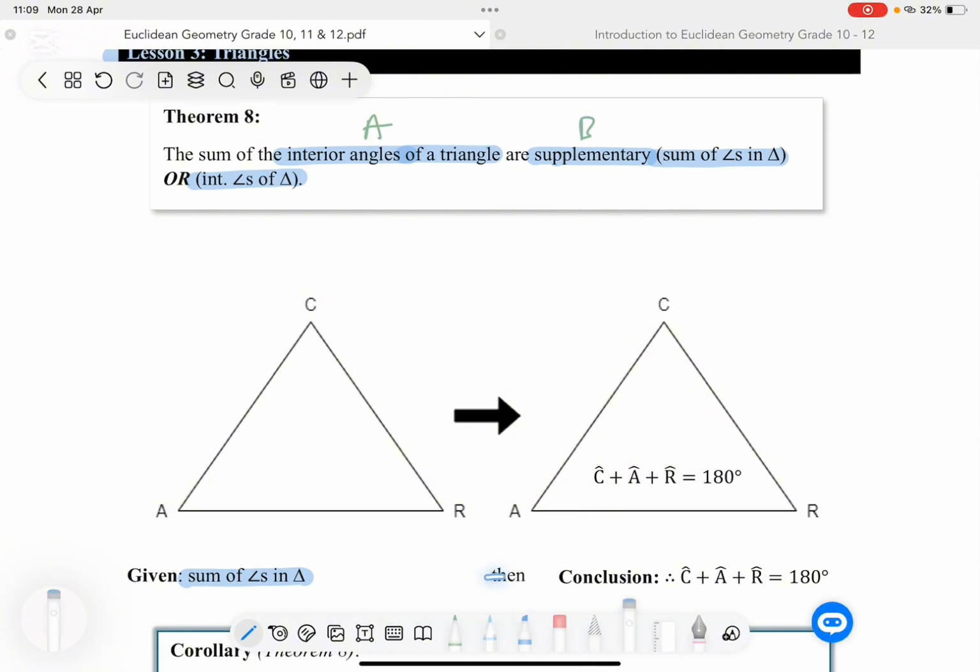Then we can conclude that if we take these interior angles and add them together, that is, angle C, angle A, and angle R, we must get 180 degrees. So that is our conclusion. Do you think that this theorem has a converse?